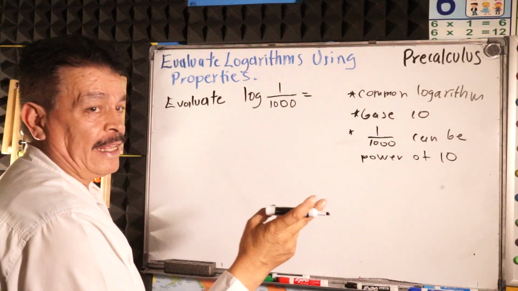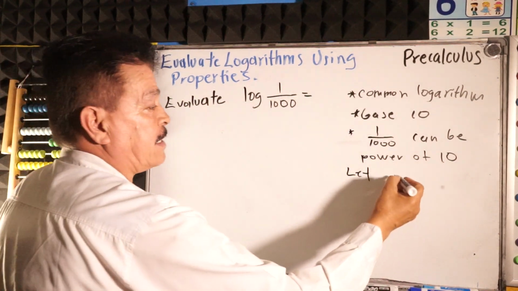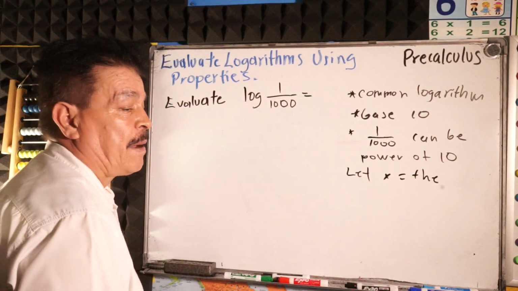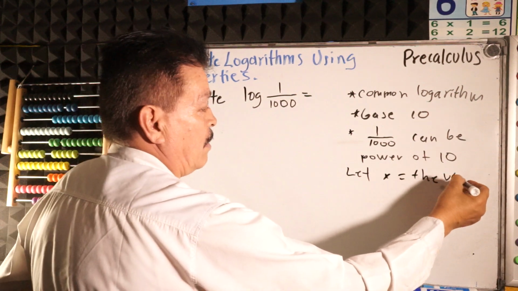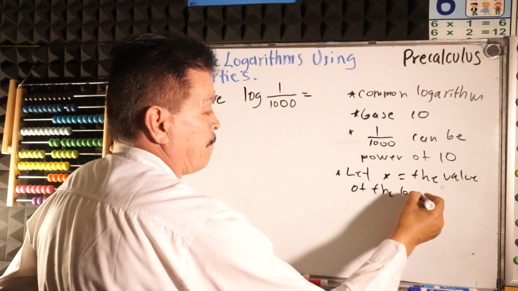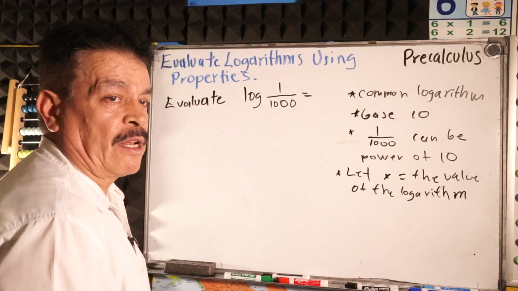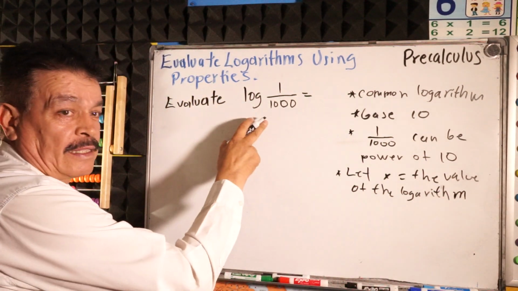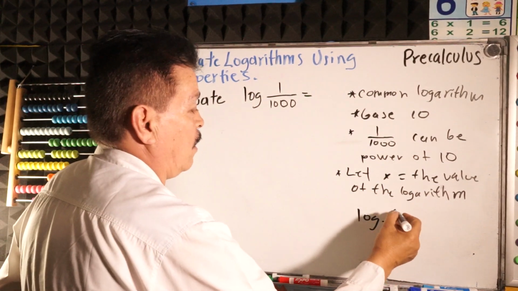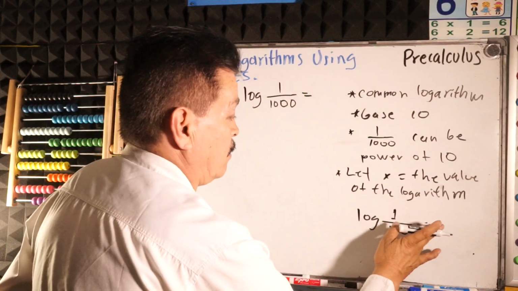So now let x equal the value of the logarithm, like in our problem: log of 1 over 1000 equals x.